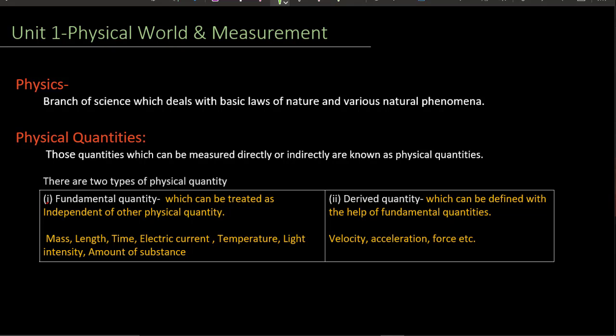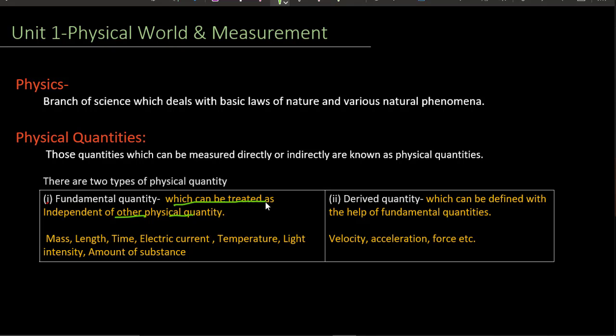Physical quantities are of two kinds: fundamental quantities and derived quantities. Fundamental quantities are those which can be treated as independent of other physical quantities. A quantity that is expressed independently of other quantities is a fundamental quantity.